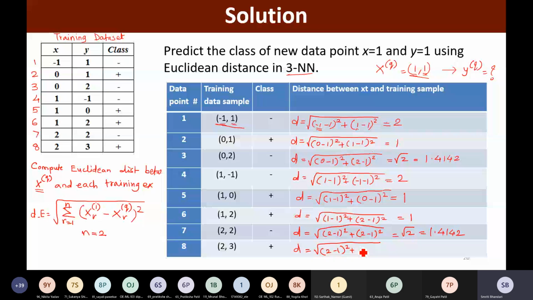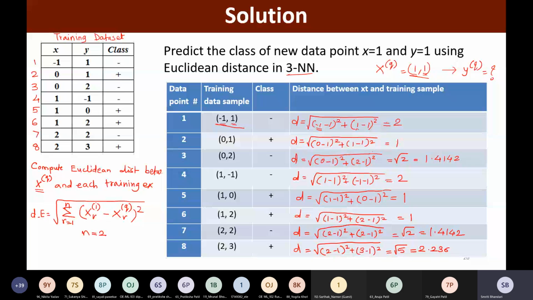So 1 square is 1, 2 square is 4. So this is square root of 5. So what is square root of 5? It is 2 point something, 2.236. Right? So we have computed the distances.